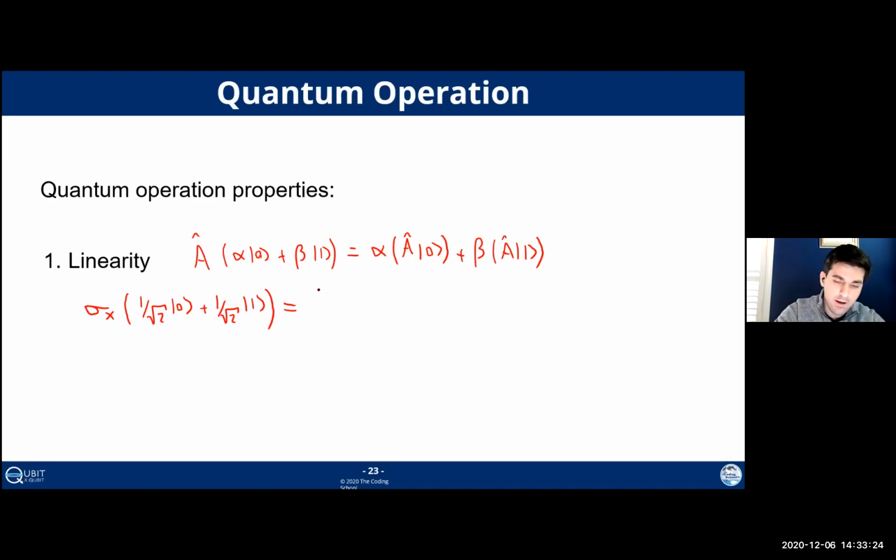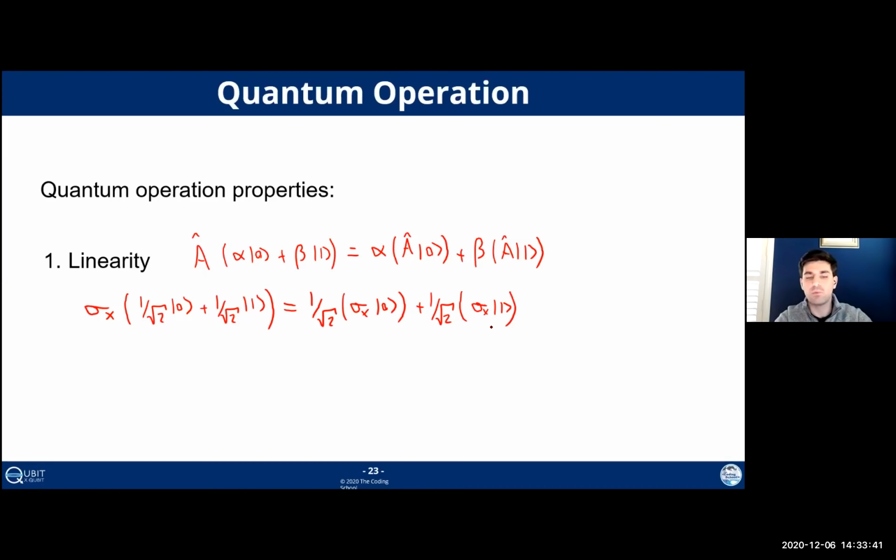Okay, so here I have 1 divided by square root of 2 times sigma x applied to 0 plus 1 divided by square root of 2 times sigma x applied to the 1 state.